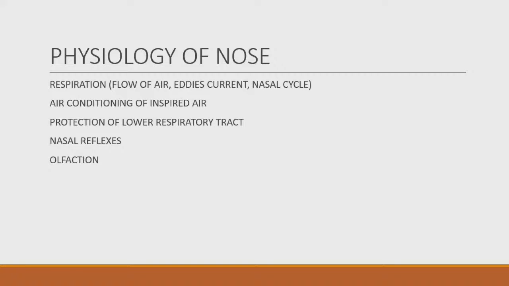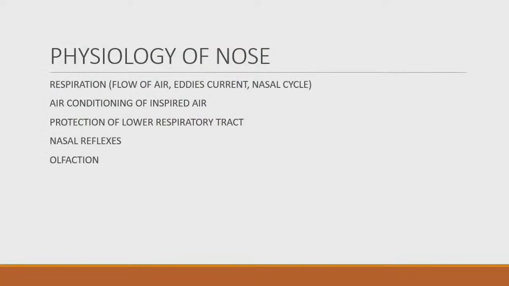The nasal cycle is nothing but alternate congestion and decongestion of the nasal mucosa due to the blood sinusoids present in the nasal cavity. The respiratory function is conducted by one nasal cavity at a time, ranging from 2.5 to 4 hours.